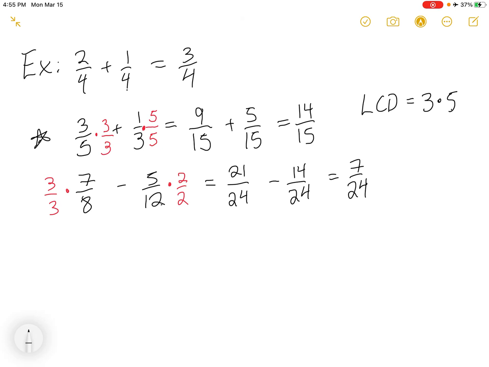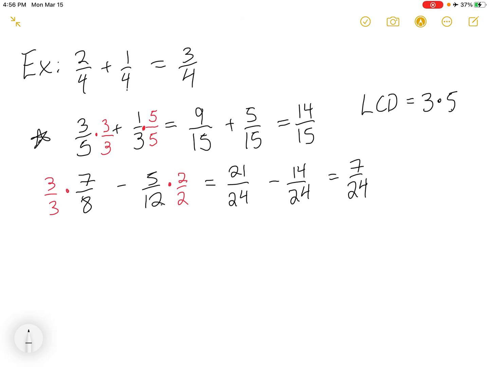What it really comes down to is looking at the prime factorization of 8 and the prime factorization of 12. The reason I bring this up is that when we are finding least common denominators with rational expressions, we have to look at our denominators in factored form, and figure out the least common denominator based on the factored form of each denominator.